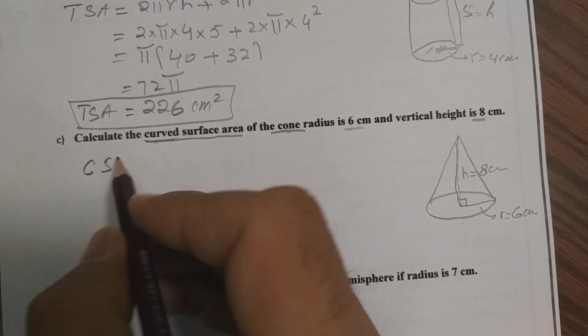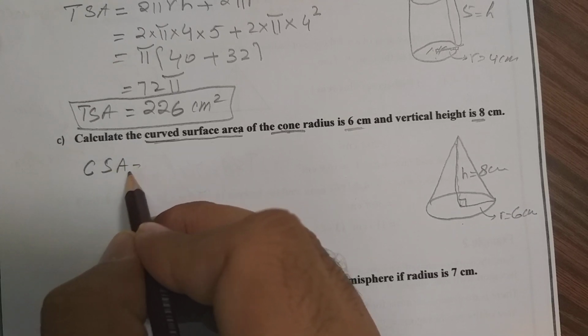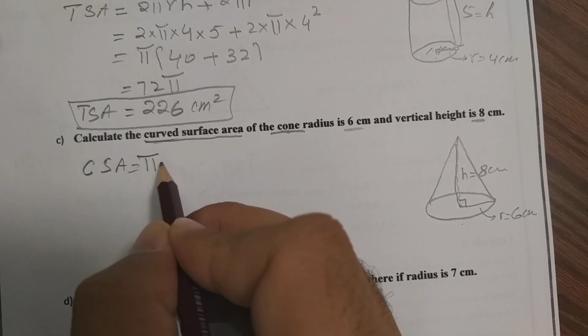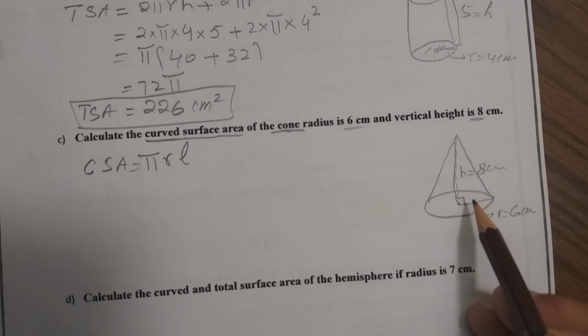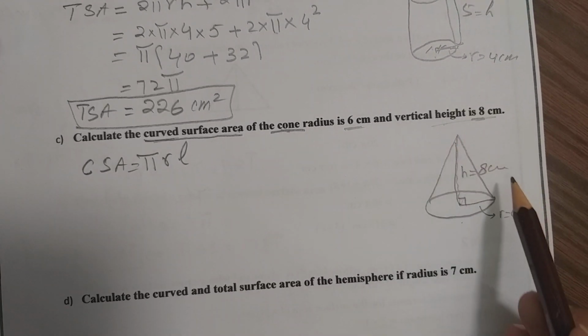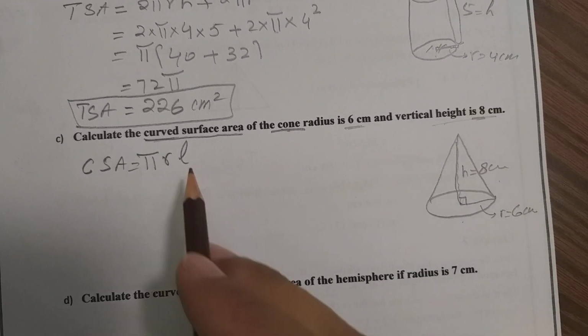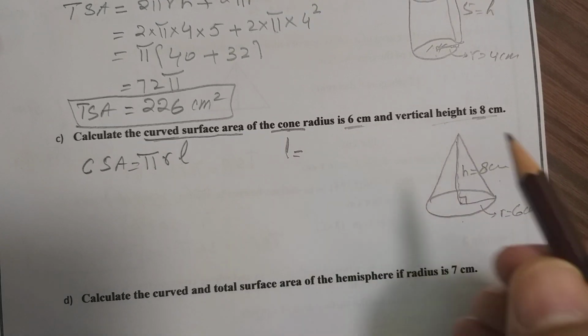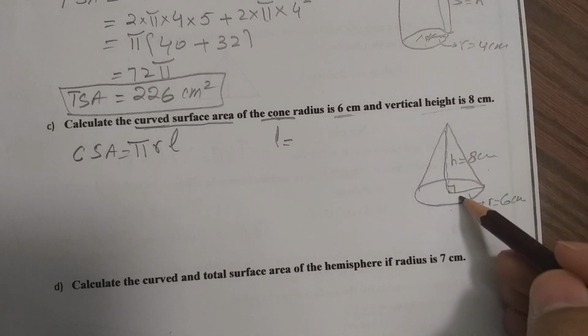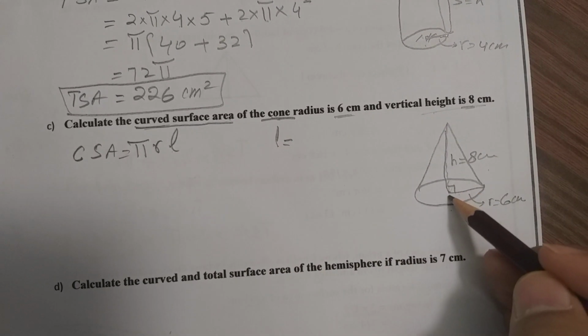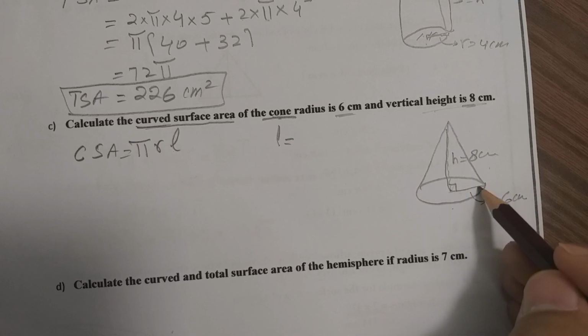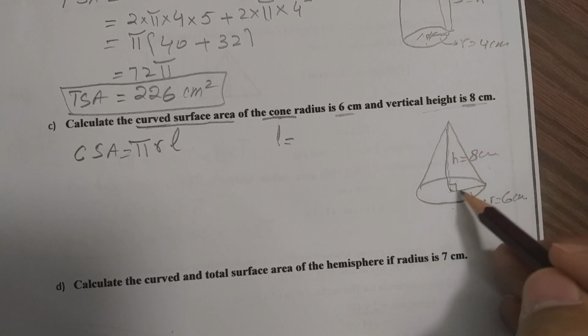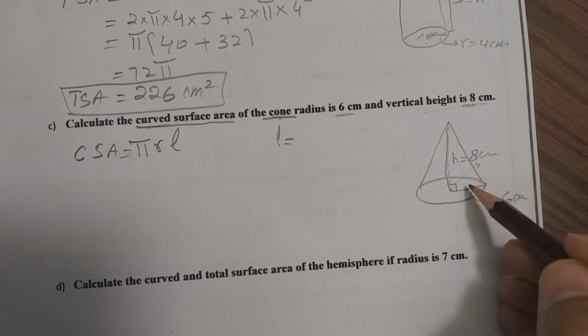Curved surface area equals pi r l. But in the question we are given only the vertical height. It means we need to find the slant height first. So first find l. Again, this is the perpendicular and this is the right angle. Make a right angle on the radius. So it becomes a right angle triangle. Now in front of this is called the hypotenuse.